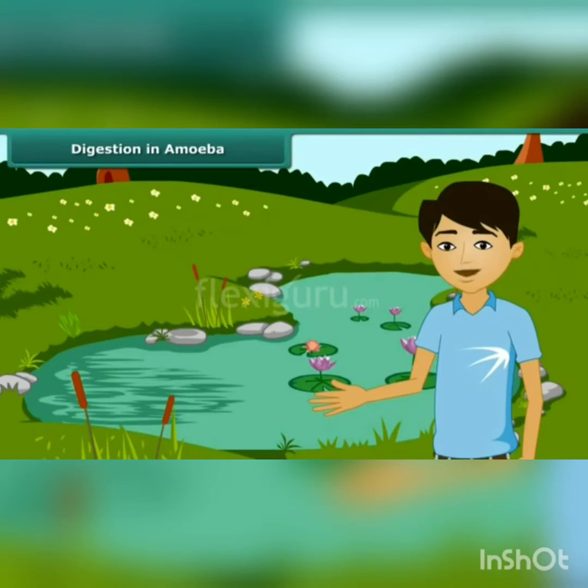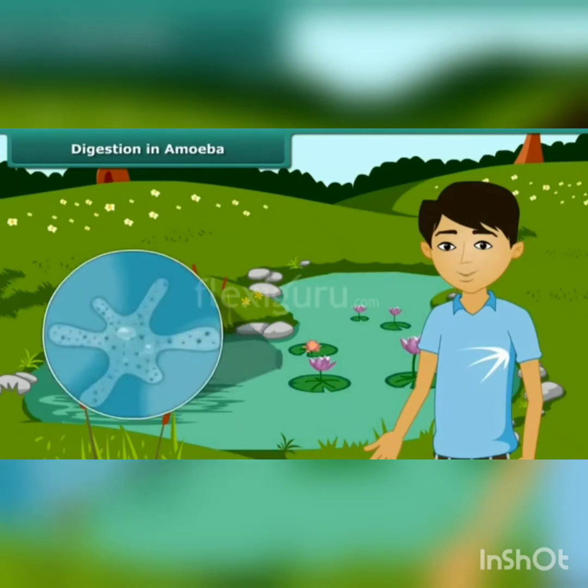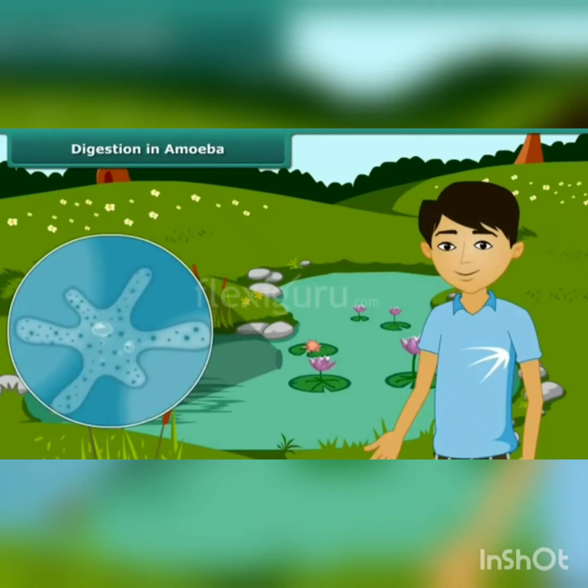Amoeba is a microscopic single-celled organism which is found in pond water. There are certain organisms which do not have a mouth and a digestive system, yet they digest food. This organism is amoeba, which is found in ponds.